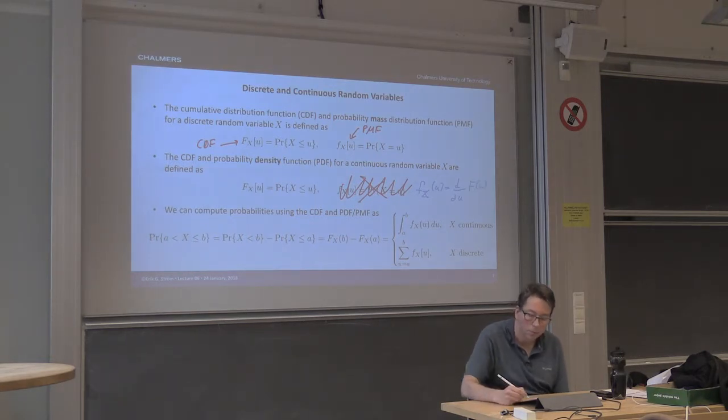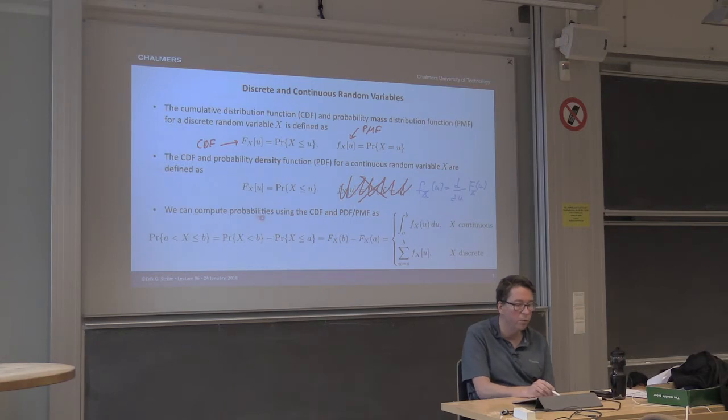Okay. So if we have the CDF and we take the derivative with respect to the variable u, we get a function, and that function we call the probability density function. All right, so the purpose of this, or one purpose, is that we can compute probabilities using the CDFs or PDFs, and which one you choose depends on which one is the most convenient, of course.